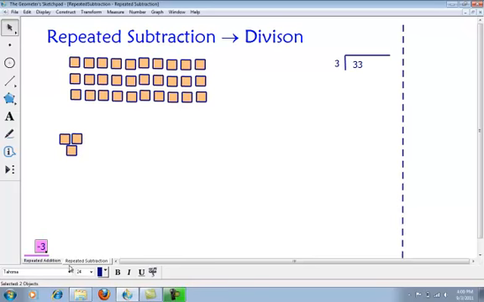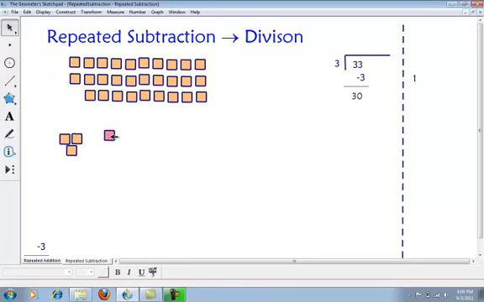Now I can show that by taking 3 away from my group of 33. Now I only have 30 that I need to put into groups, and by taking away those 3 and putting them into a group, I've made one group of 3. But I still have 30 more tiles I need to put into groups of 3.